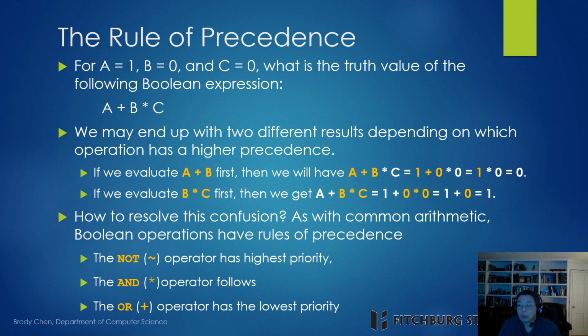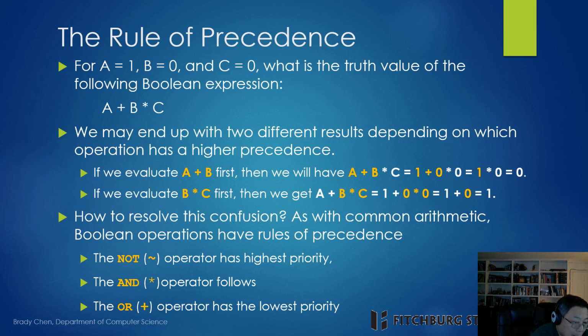The reason we want to talk about the rule of precedence is that sometimes logic operations are very confusing. Just like in an arithmetic expression, for example, when we talk about additions and multiplications, we need to figure out in certain cases what the order of the operations is.